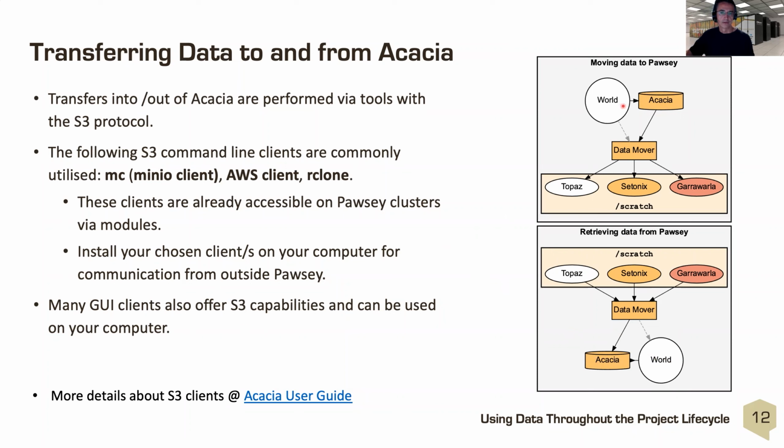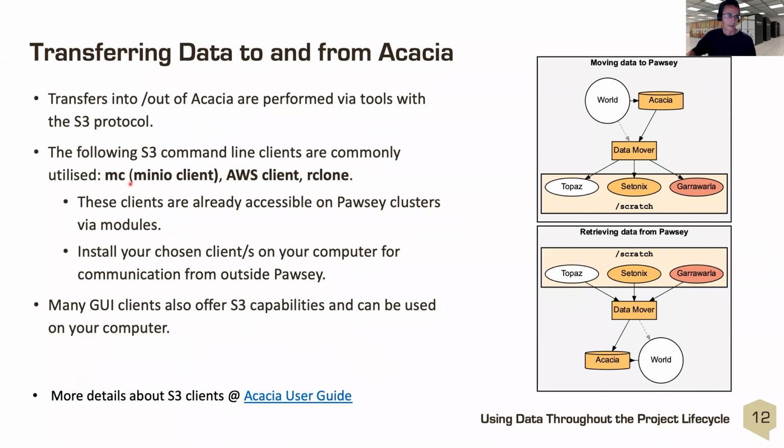And to do those transfers from the world towards the computer or vice versa, mainly to interact with Acacia, which is, as I said, an object storage, you will need an S3 compatible client that can talk to Acacia, which is object storage that talks the S3 protocol. So these S3 compatible clients are the tools to be used for those transfers.